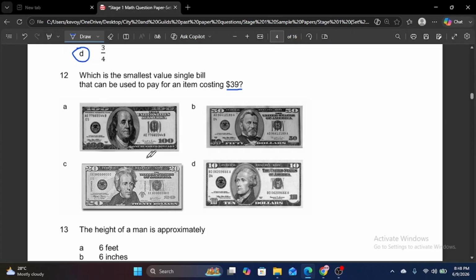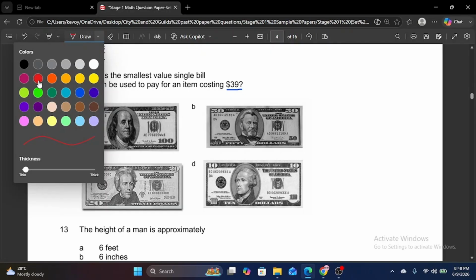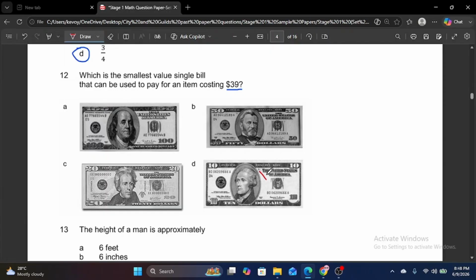That means that out of all the money I have right here, what's the smallest amount that I can use to pay for the bill costing $39? So I cannot use the $10 because that's too small. That can't be used. That's a small amount of money, baby money.